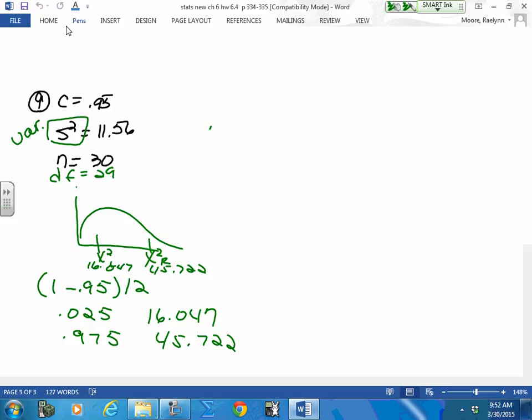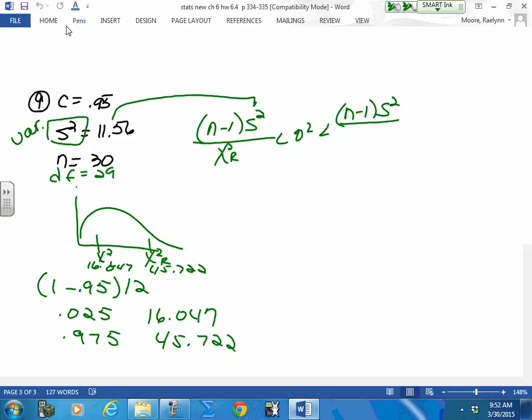Then, to find your interval, we took your degrees of freedom, we took your variance. If we have your variance, we just slide this in here. If we have your standard deviation, then we have to square it. And we put this over x2r, the larger one. And the numerator for this guy is exactly the same.